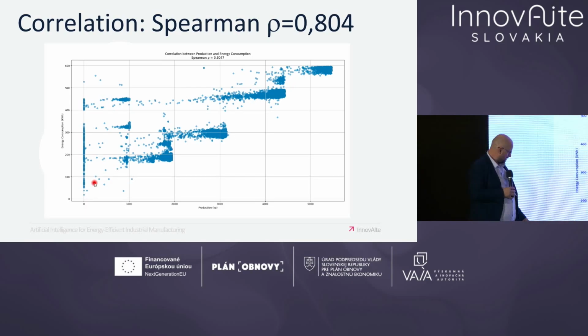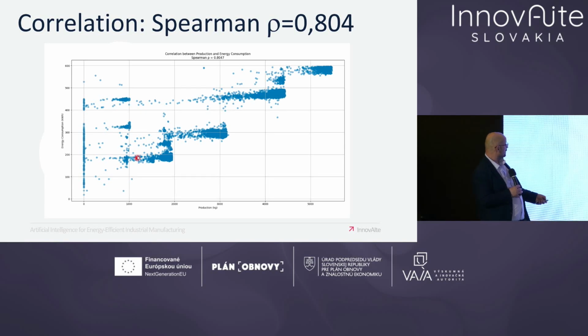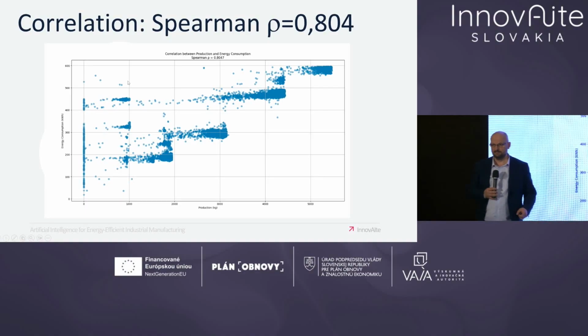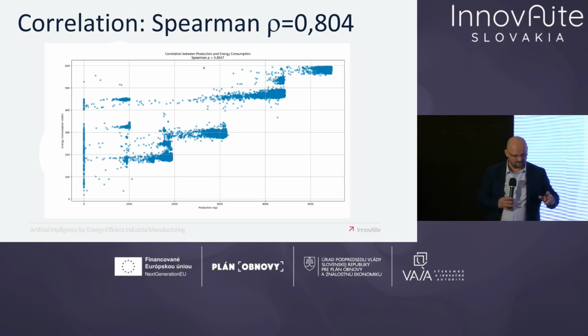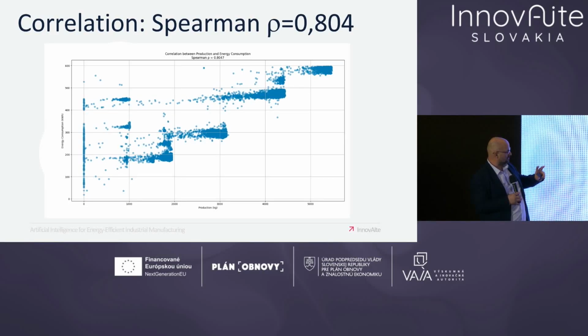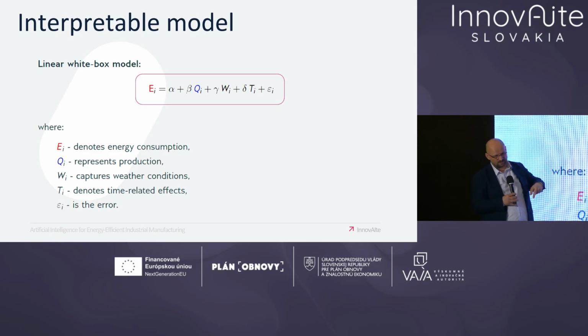For example, 1,000 kilograms can be produced with 40 kilowatt hours, but 500 at 10. So you need to be careful with the data. You need to do a lot of things with them, as Radek mentioned already.